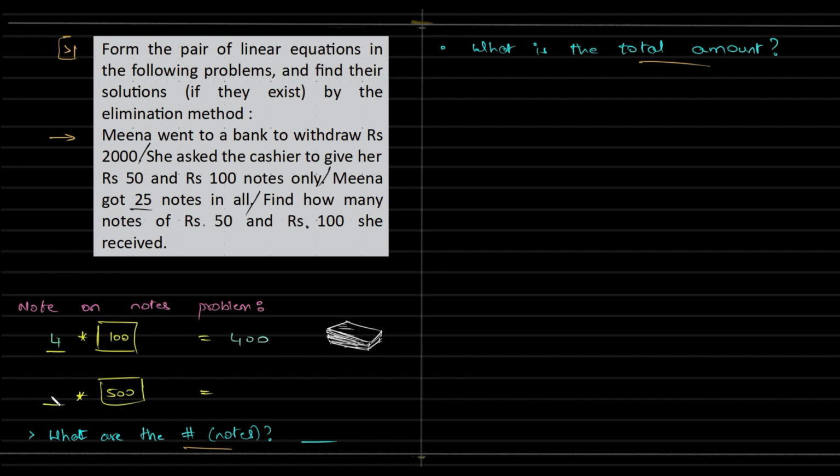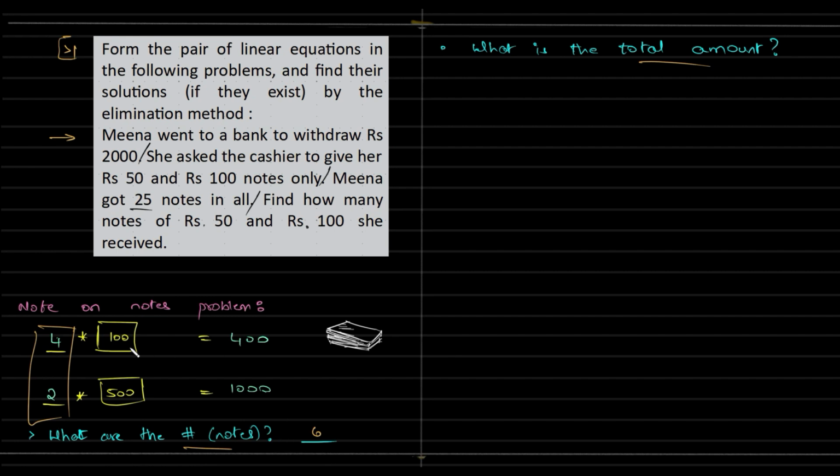And here, say you receive 2 of 500 rupee notes. The amount this will add up to is 1000. Now my question to you is, what is the number of notes we have over here? The number of notes is to do with 4 and 2. So in this case, 6.